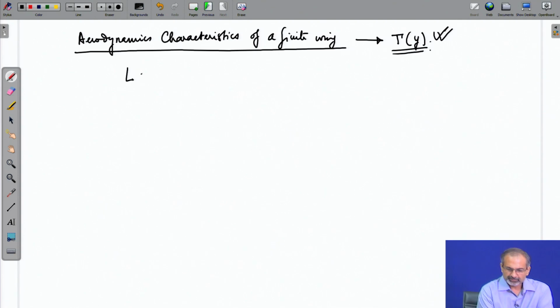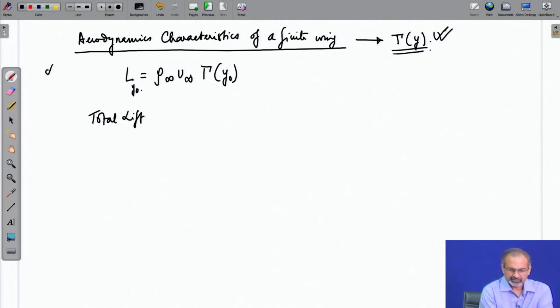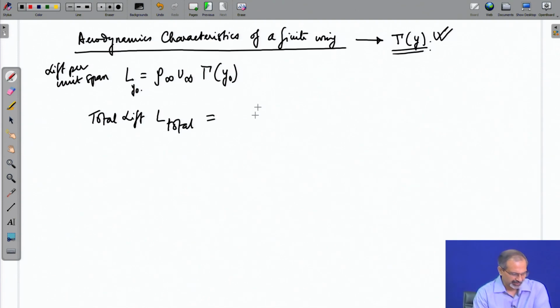So, the lift per unit span, again we recall, is defined like this when you are defining it about the point y naught. So, based on this expression, let us define this as lift per unit span. The total lift, let us call it as L total, will be an integrated effect of this over the entire span.